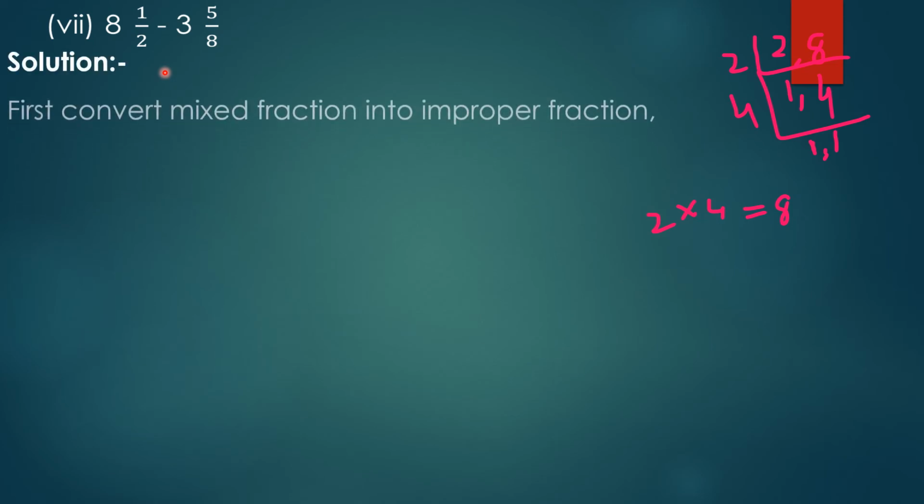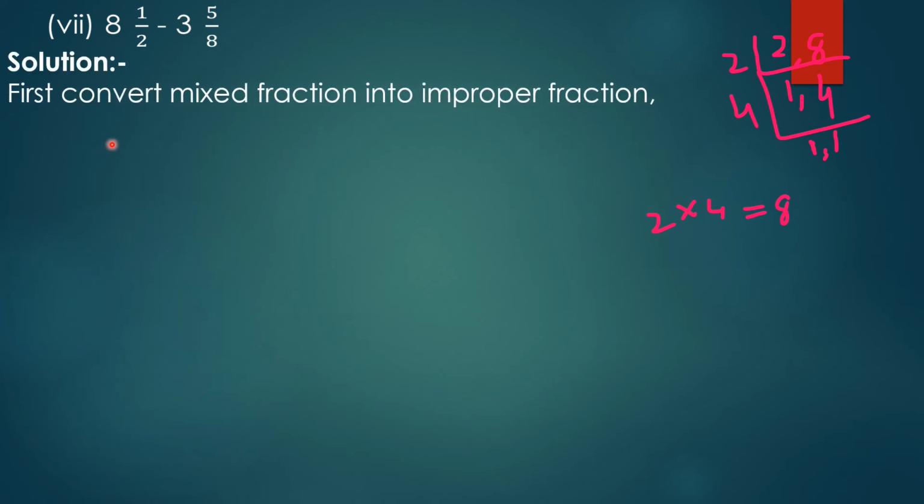So what is the first step? We have to convert the mixed fraction into improper fraction. So consider 8 1 by 2. How to convert the mixed fraction into improper fraction? 2 8s are 16, 16 plus 1, 17, 17 by 2. So it is a mixed fraction converted into improper fraction.